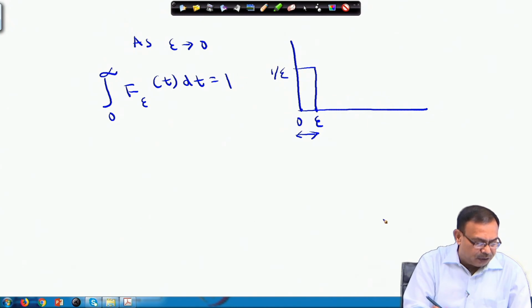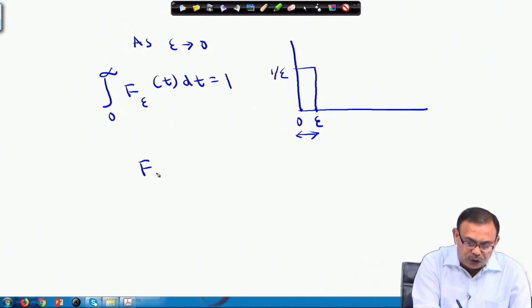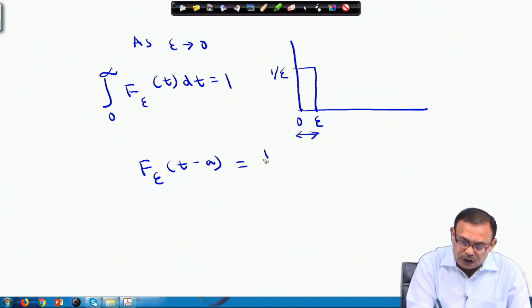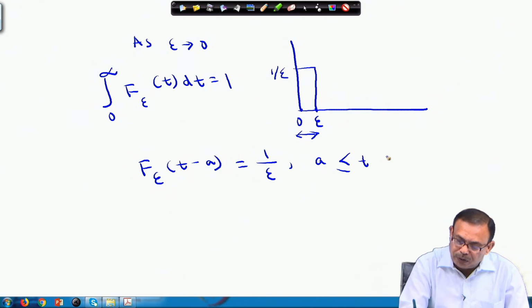The impulse function we sometimes write in this way also: f epsilon t minus a equals 1 by epsilon whenever t lies between a and a plus epsilon, and it is 0 otherwise.